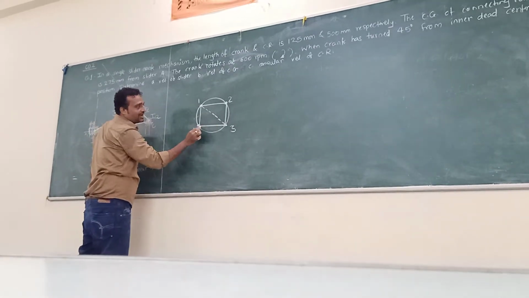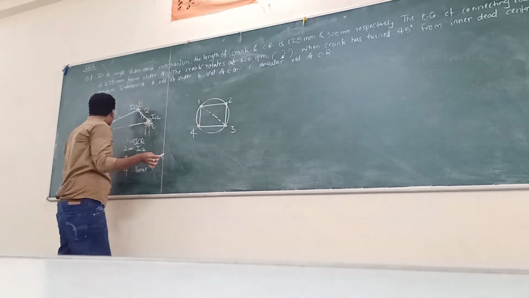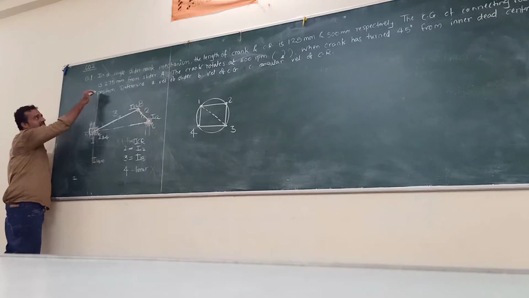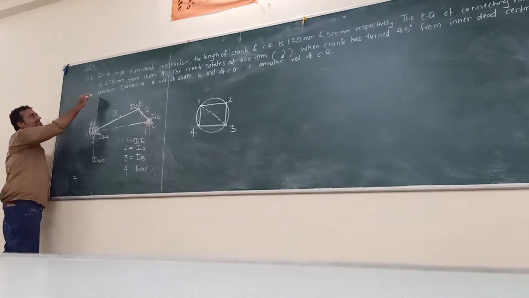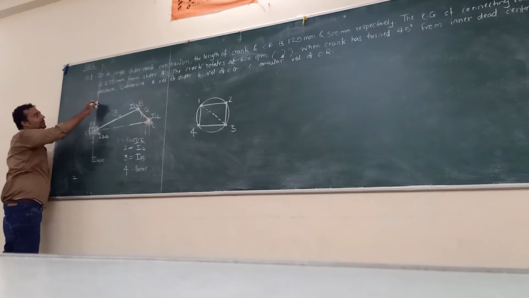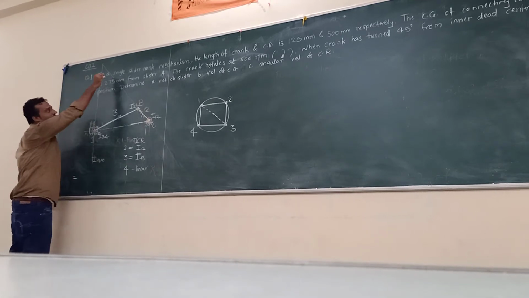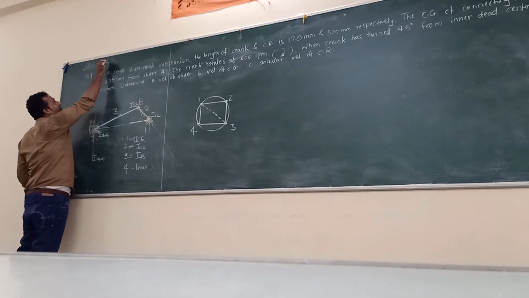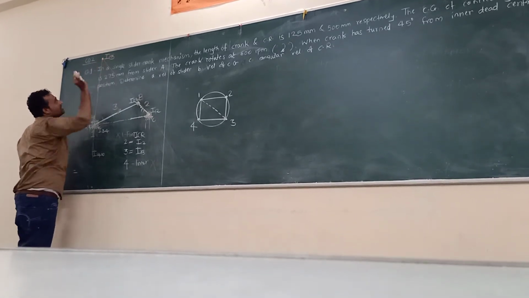Similarly I34 and I14: this is I34, this is I14. On this line somewhere we have I13. So this intersection point will be I13.